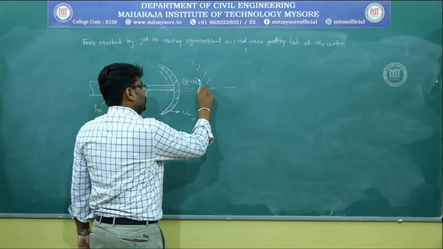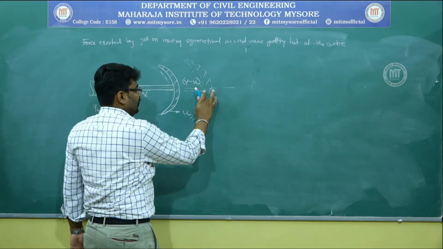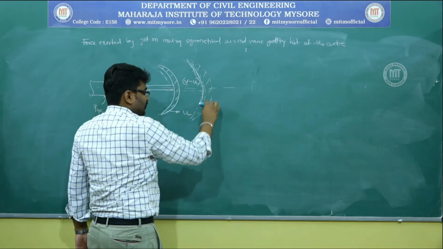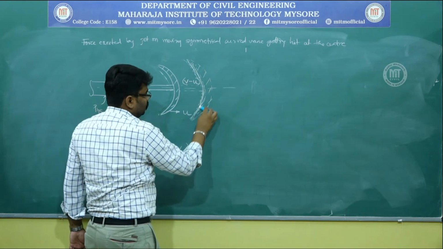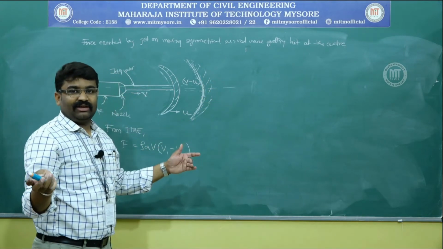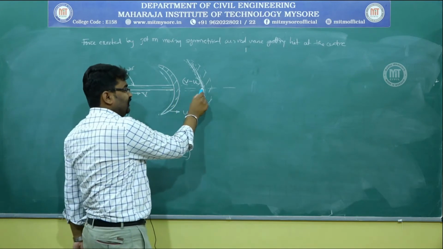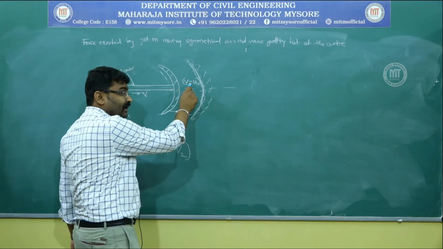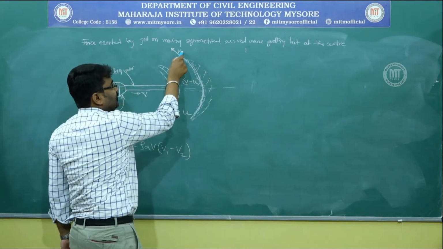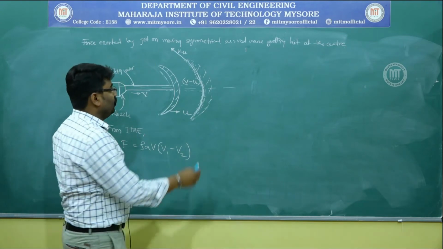After striking, the jet would leave the vane with the same velocity because the vane is assumed to be very smooth and will not have any loss of energy due to the jet striking the vane. So, the velocity with which the jet strikes the vane would be v minus u, and hence the velocity with which the jet leaves the vane would also be v minus u.